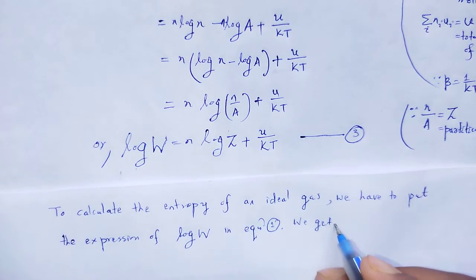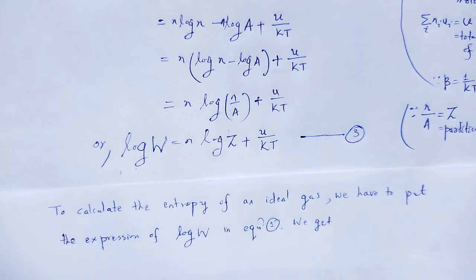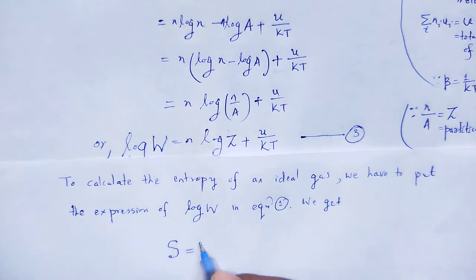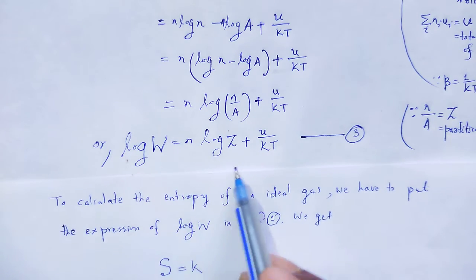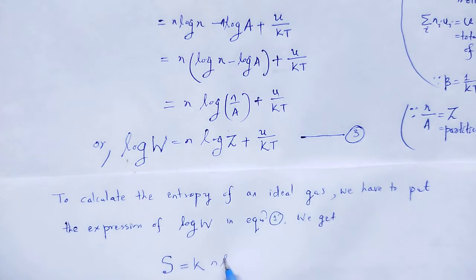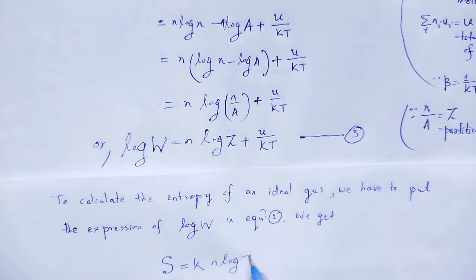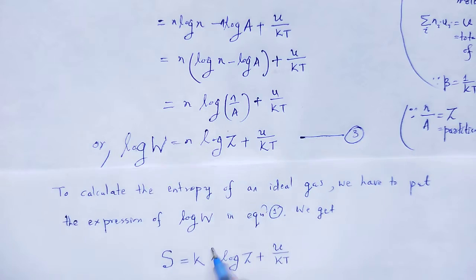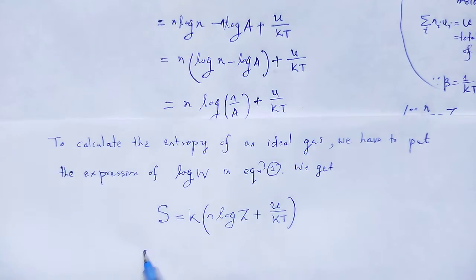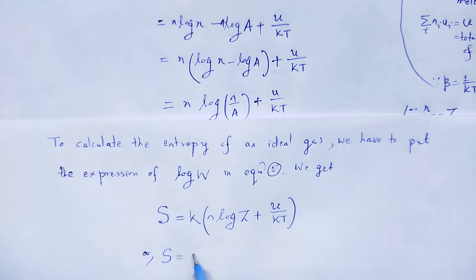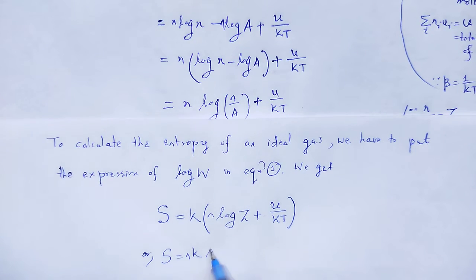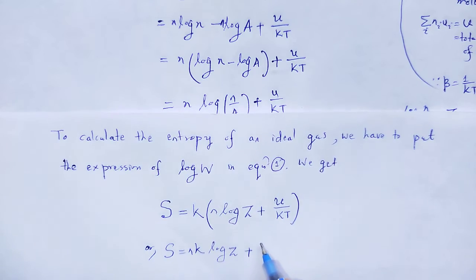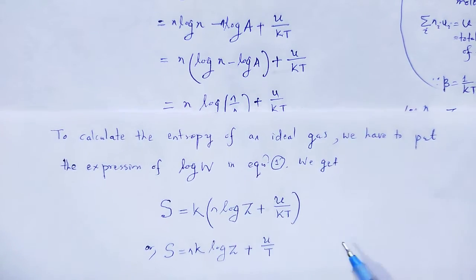We get S is equal to K. In place of log W we substitute N log Z plus U by KT, or entropy S is equal to NK log Z plus KK cancel out, that is U by T.